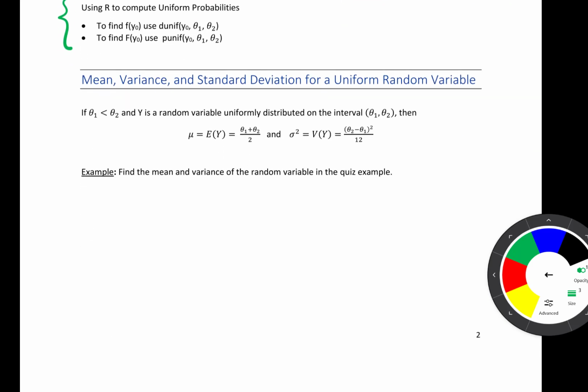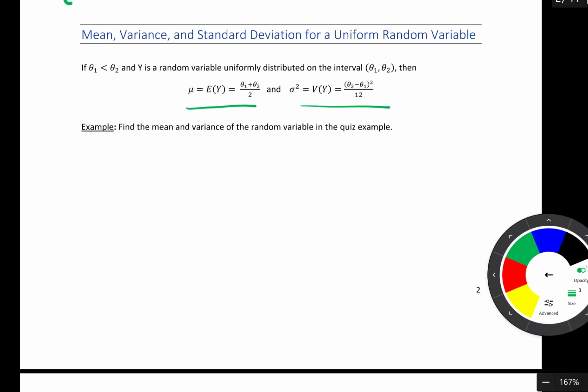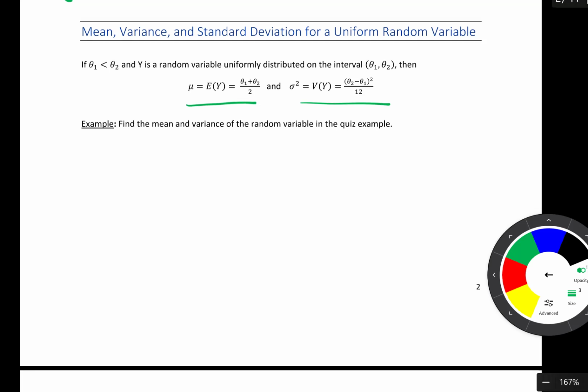Just like with any distribution, we can talk about the mean, the variance, and the standard deviation. And for the uniform distribution, we have the formula for the mean and the formula for the variance. So if we go back to that original quiz example that we had earlier, let's find the mean and the variance. Recall for that example, theta 1 was equal to 15 and theta 2 was equal to 30.